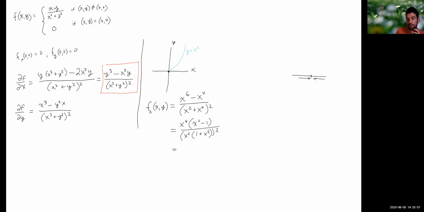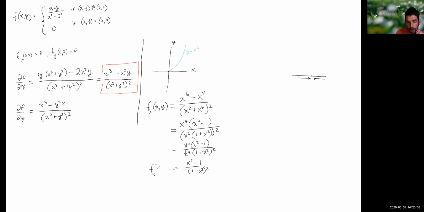I can distribute the square across these two factors, so I end up with x to the 4th over x squared minus 1 over x to the 4th times 1 plus x squared. This cancels, and I've got x squared minus 1. Oops, I forgot my square here, over 1 plus x squared, squared.